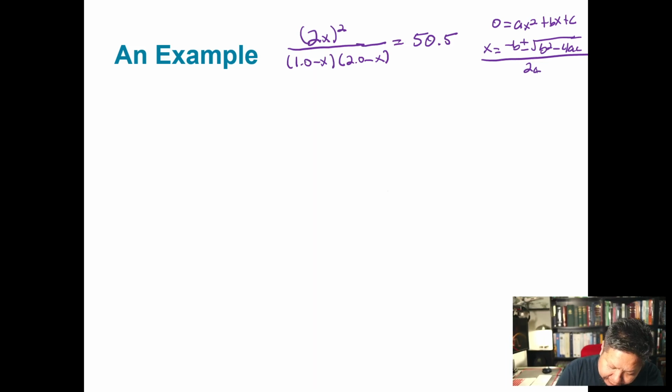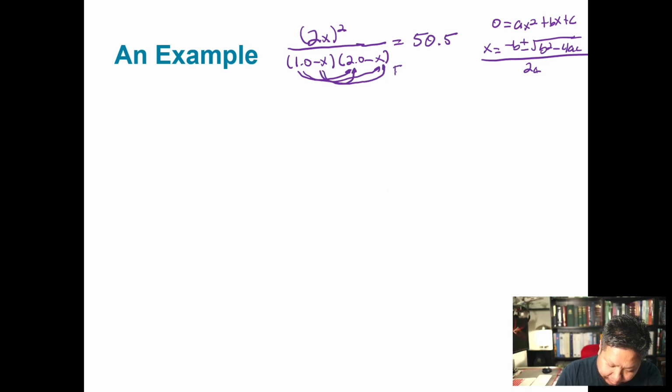Well, the first step, I would think, is I would FOIL the bottom term. What I mean by that is multiply the 1 by the 2, and then the 1 by the minus x in the second term. Then I would do that again with the minus x times the 2, and the minus x times the other minus x, right?